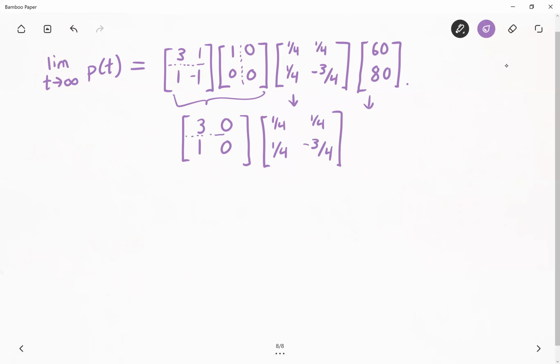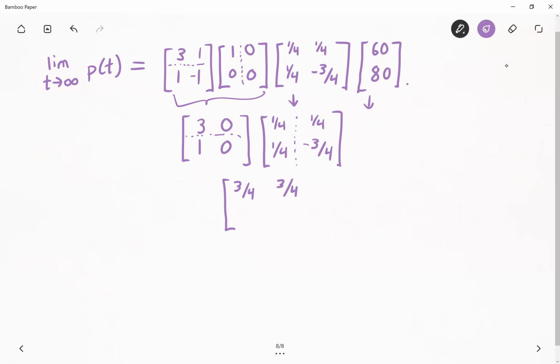So again, I'll do some matrix multiplication. We'll get 30 times 1/4, so that'll give us 3/4. Then 30 times 1/4 - 3/4 will again be 3/4.